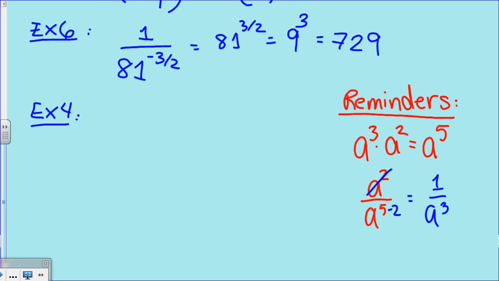If I have a squared and I raise it to 4, what is the rule? Parentheses mean multiply the exponents.